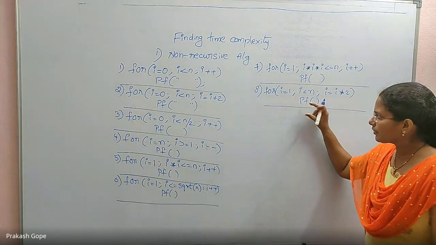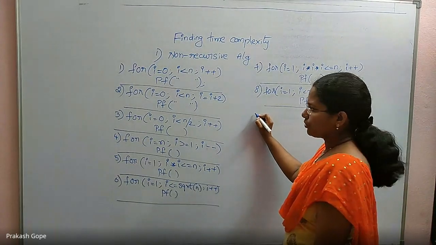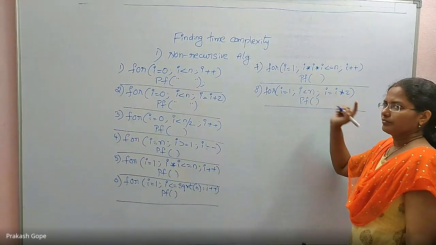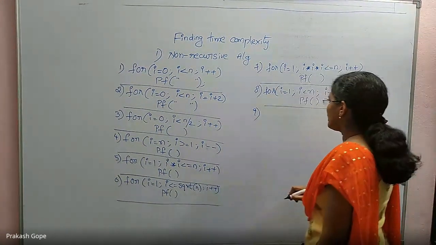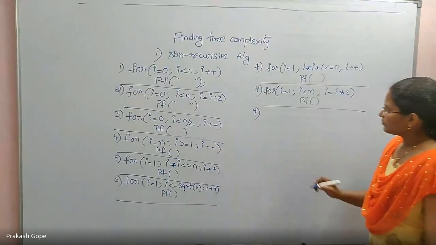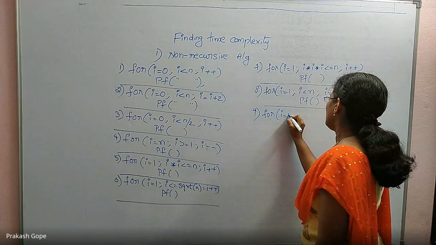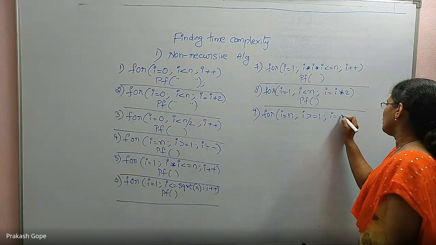In that block there are a fixed amount of instructions. We are not interested in those. How many times this block gets executed is important because it's a loop. It's repeated. We don't know how many times it gets repeated. We are interested in finding them. For i equal to n, i greater than or equal to 1, i equal to i by 2.